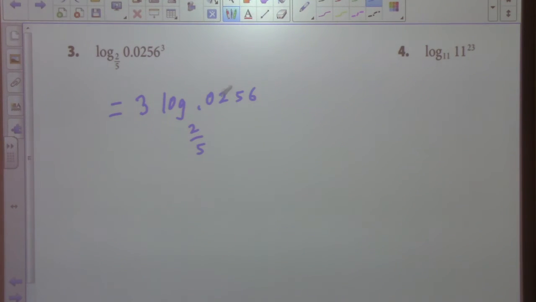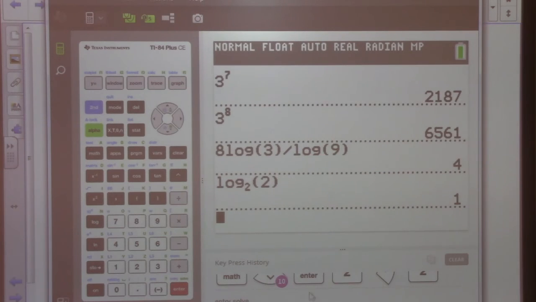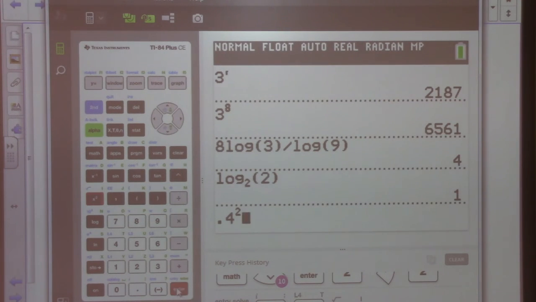And I don't know what power of 2/5 this is, but that's to the 4th. I know 2/5 is 0.4, to the power of 2.